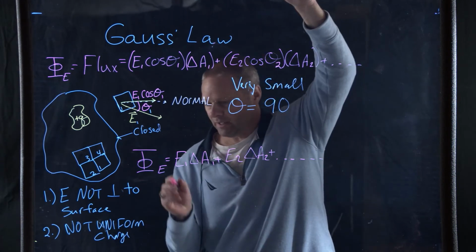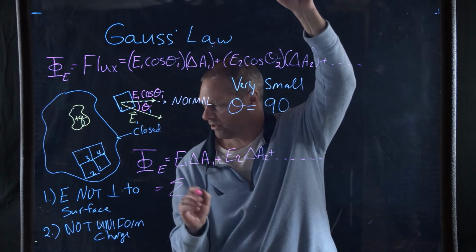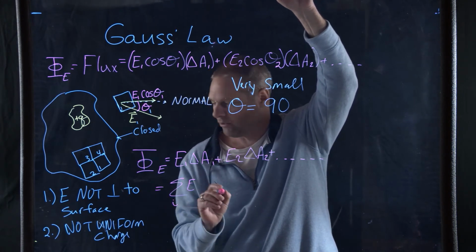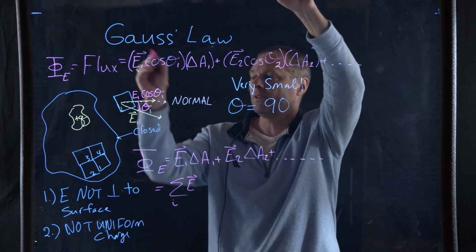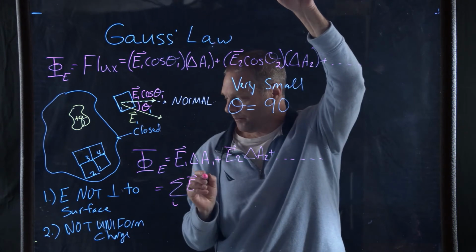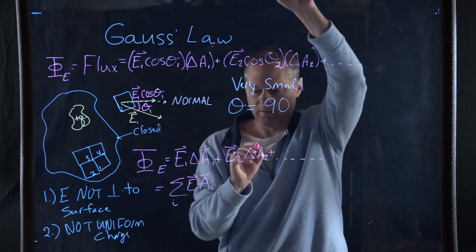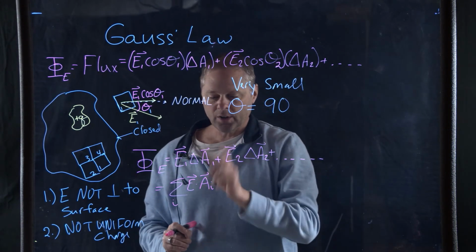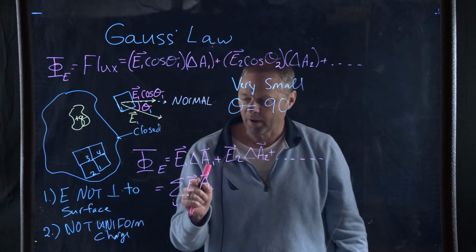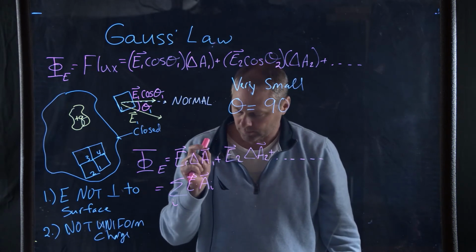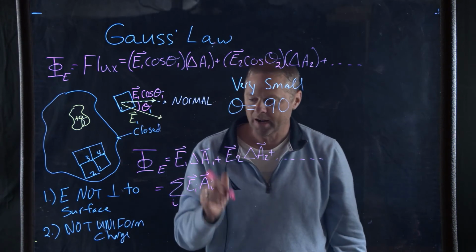If all these are uniform, we can now write this as the summation over i of the electric field, a vector, times our area. The equation simplifies so that it becomes the sum of the dot product of the electric field times our area.